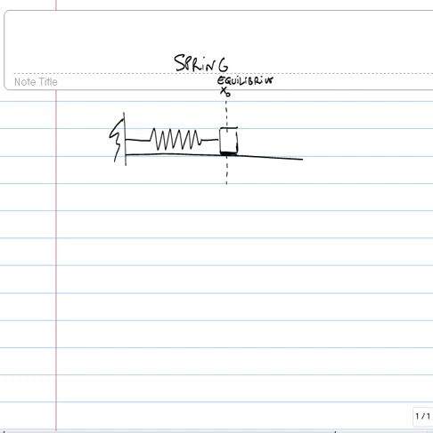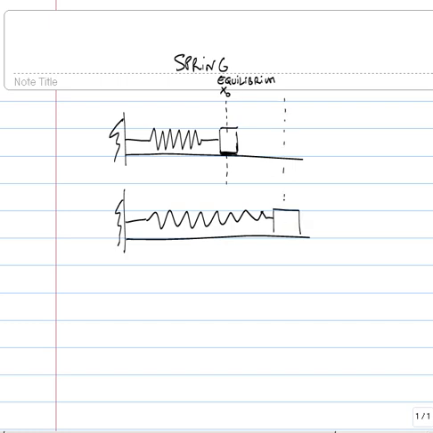So equilibrium for a spring will refer by convention to the position at which the spring is neither stretched nor compressed. Now let's imagine that I want to play with it and stretch the spring to a new position x2, or since I used x naught, let's use x1.